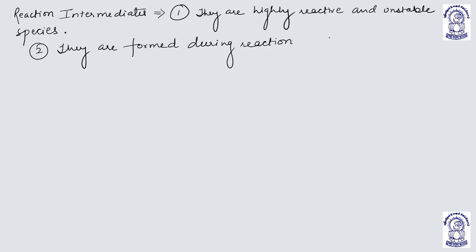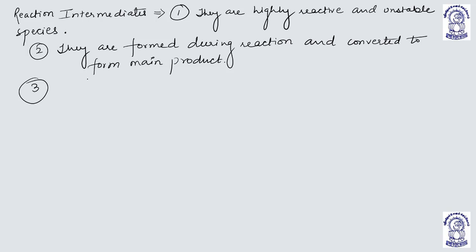They are formed during reaction and converted to form the main product. Their duration is very small, as they are very reactive, highly unstable, so they easily get converted into some other form. Okay, so their duration is very small, means their half life is very small.